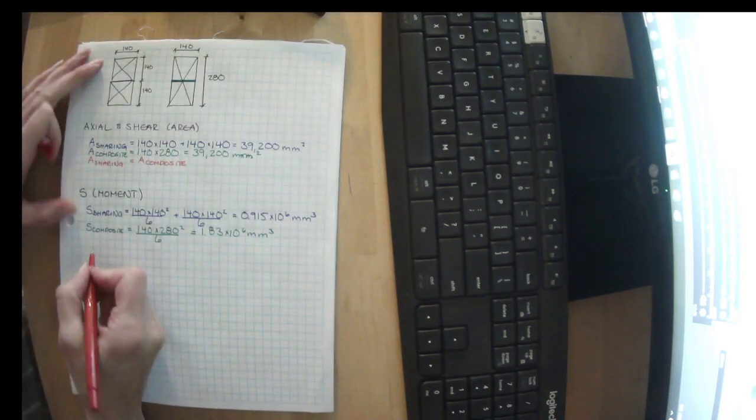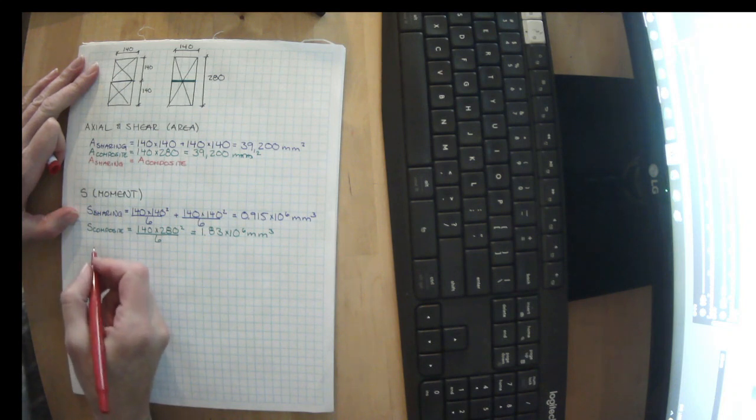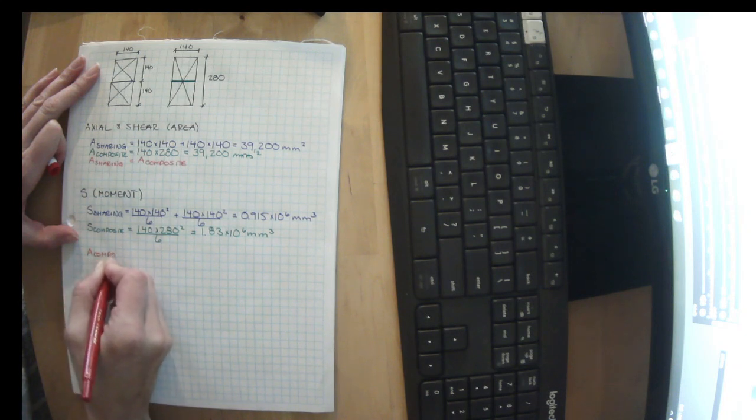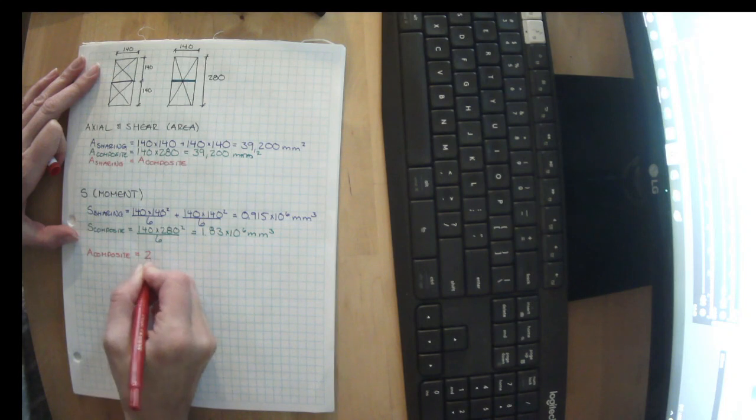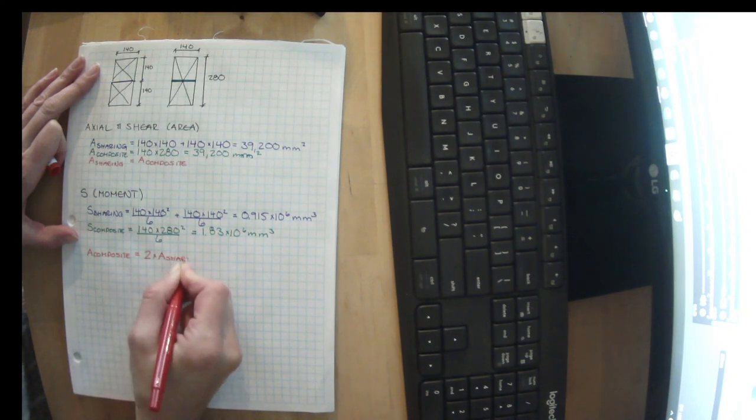It looks like S composite is 2 times S sharing.